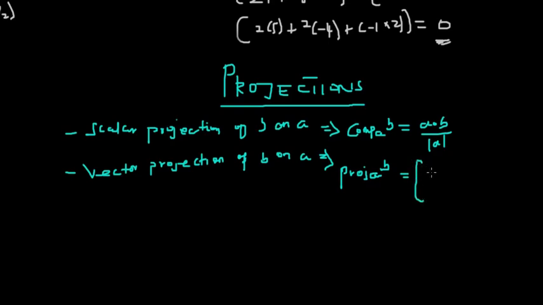That's the formula. So the formula is A dot B, the vector dot product, divided by the length of the vector.